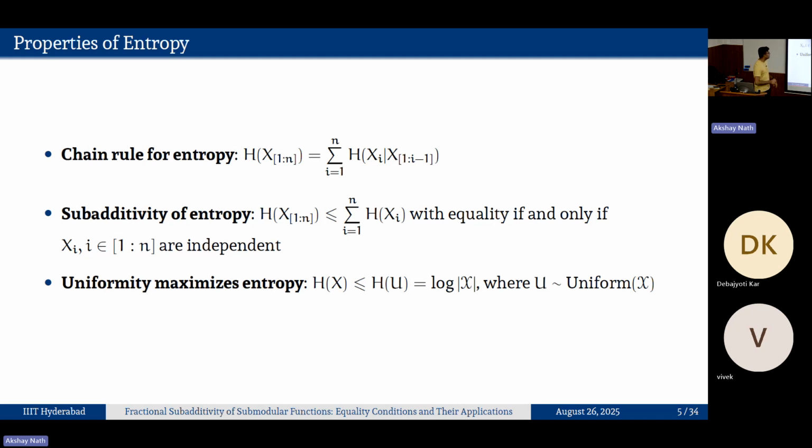That's the basic definition, and these are the properties, the inequalities, that I have. Whatever we have discussed in these two slides are called Shannon type inequalities. I'll come to why we only talk about Shannon type inequalities in this paper and not something else later.